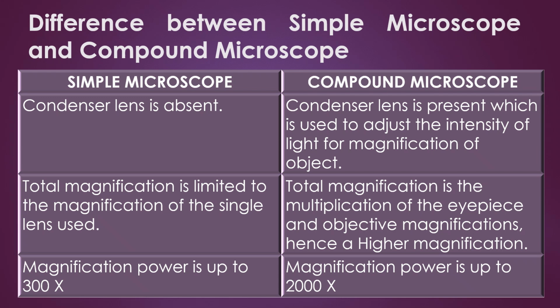So here the total magnification is the multiplication of the eyepiece and objective magnifications. Hence, the magnification of the compound microscope is higher.